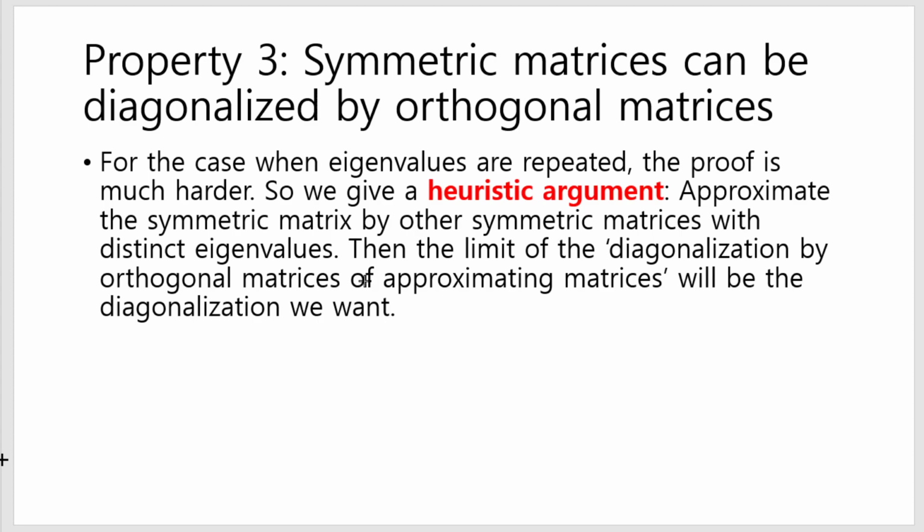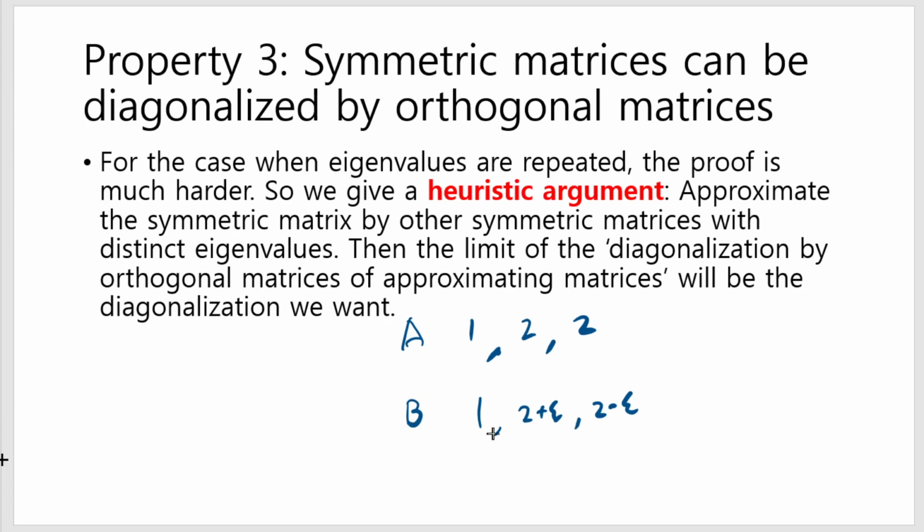So I'm just going to give you a heuristic argument. If you have a symmetric matrix where some of the eigenvalues are equal, say eigenvalues like 1, 2, 2, then you can approximate this matrix A by some B whose eigenvalues are like 1, 2 plus epsilon, some small value, and 2 minus epsilon, still maintaining that B is also real symmetric.